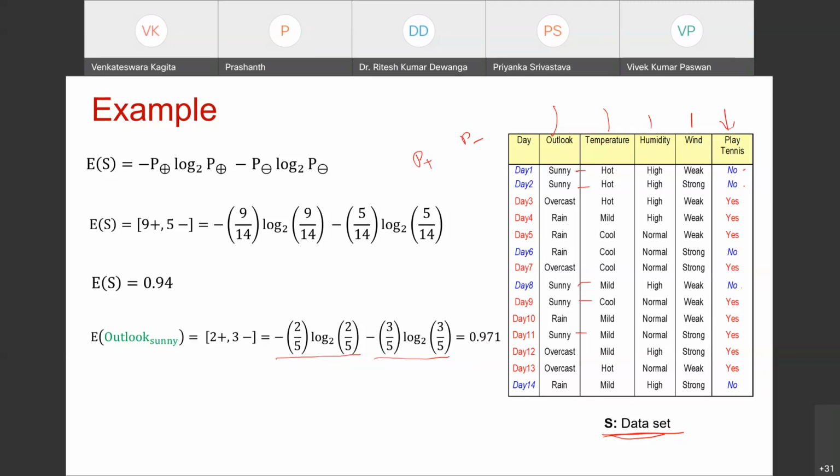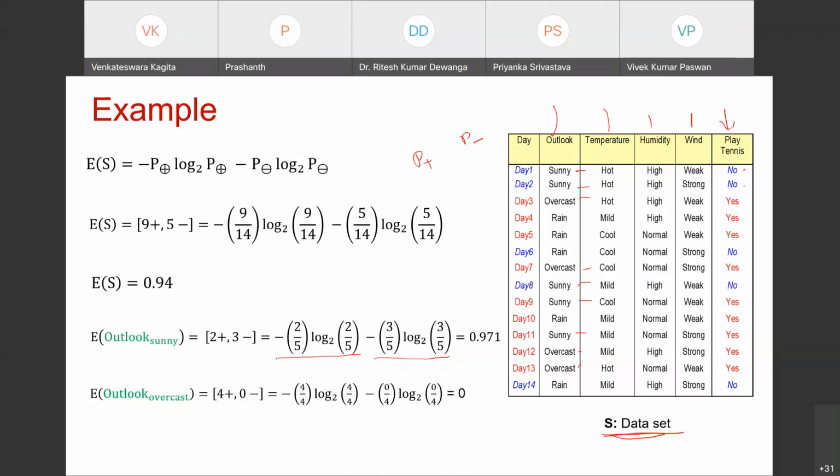Okay, so take another attribute value. What is that? Overcast. With respect to overcast, 4 overcast are there. 1, 2, 3, 4. All of them are yes, completely pure. If completely pure, what is the entropy value that you would get? 0.